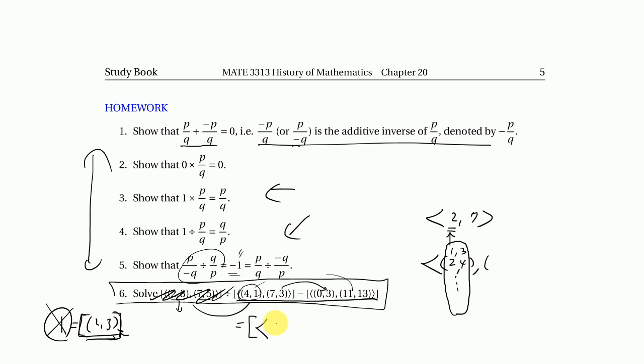So you need to multiply this one times this, right? Then what was the definition of that product in that integer part, right? You have to apply that rule here.